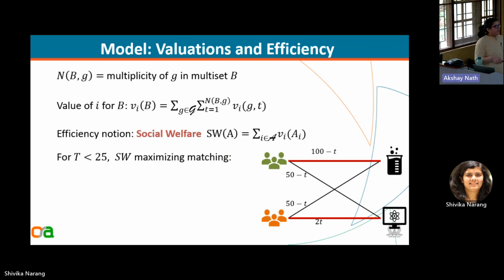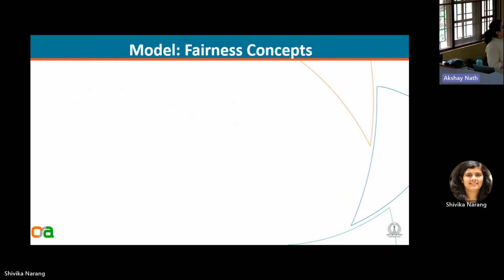But now there's a problem. The orange group, if it's only going to work for 1 month, would rather get time in the lab and finish off important experiments rather than start this whole new chapter of learning to run simulations. So the orange group envies the green group, right?